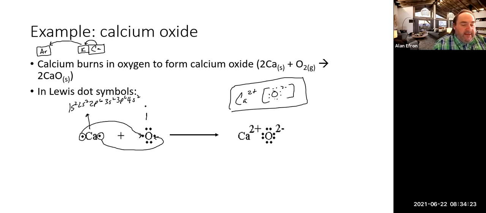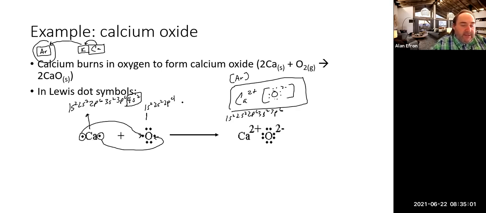Oxygen started out as 1s2, 2s2, 2p4. The calcium gave away these 2 electrons, which leaves the calcium over here as 1s2, 2s2, 2p6, 3s2, 3p6. If you add all that up, 6 and 2 and 2 is 10, and 18 basically. That means calcium here has achieved argon's configuration.